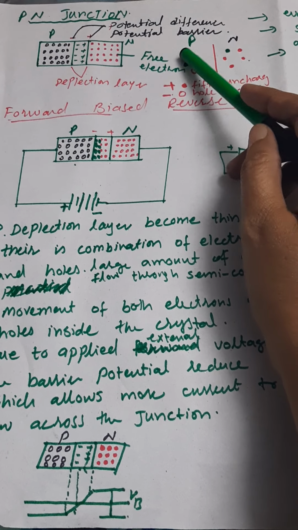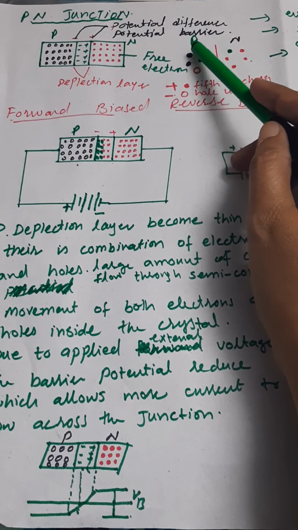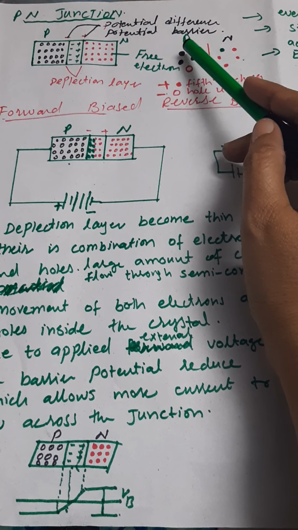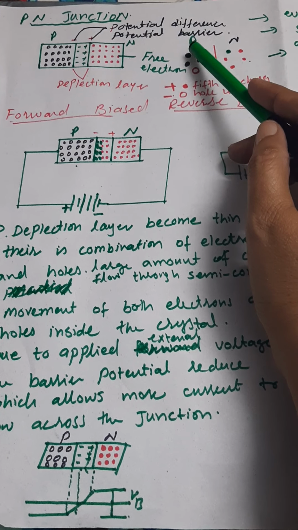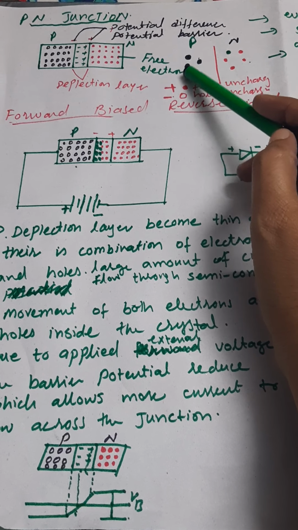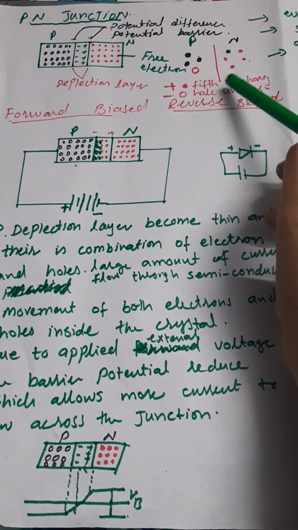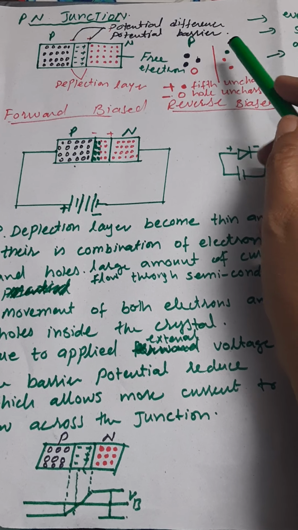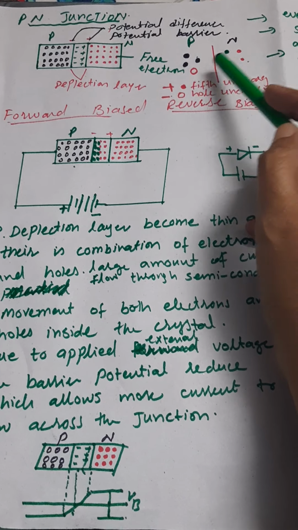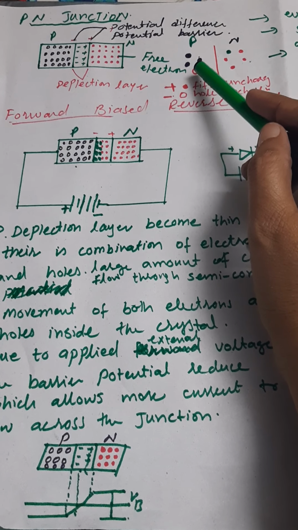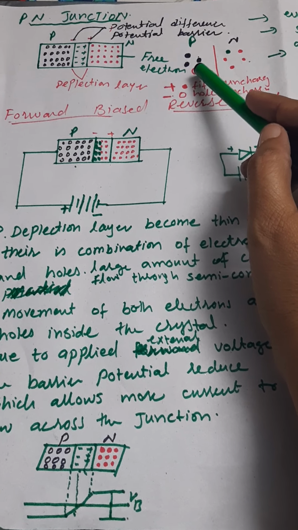In the trivalent, three electrons will be shared and make covalent bonds, and only a hole will remain here. The fifth electron is uncharged on the N side.